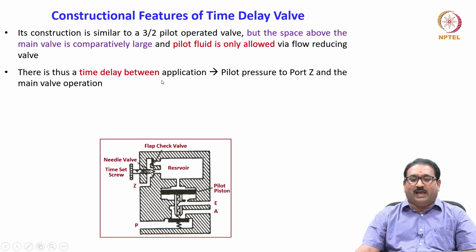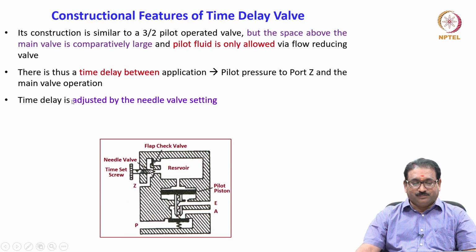There is thus a time delay between the application of the pilot pressure to port Z and the main valve operation. The time delay is adjusted by the needle valve setting, that is the screw.